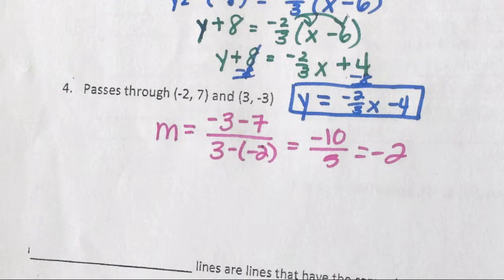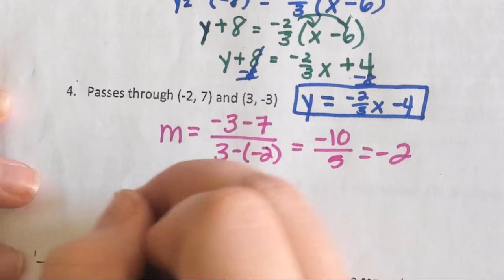but there's still another point available. Can you put it in point slope and then give me, you've rearranged it, it's now in slope intercept, what did you get as your answer?